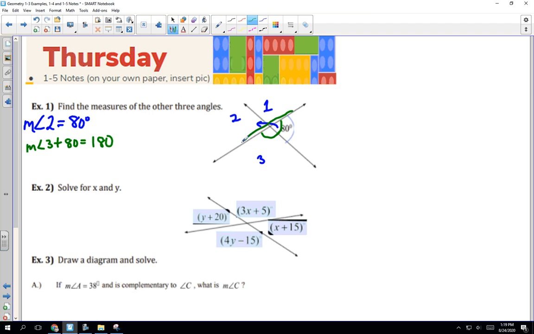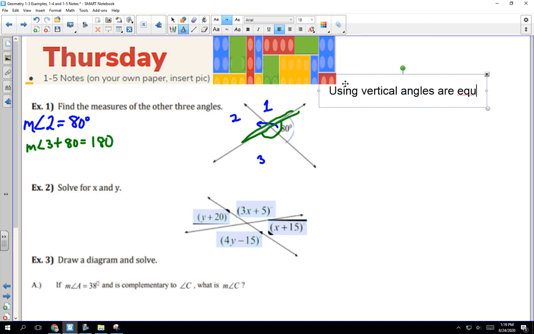So here, essentially, are the side notes to these example problems. We are using that vertical angles are equal in measure, and we're also using that a straight line equals 180 degrees.